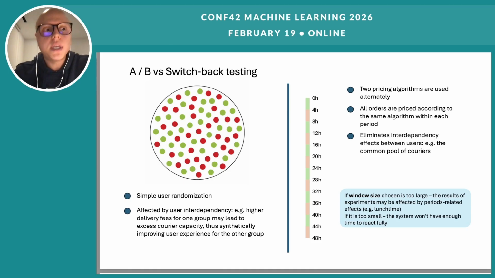And if you increase the price for some group of users, then obviously that leads to fewer orders from that group, meaning that you have additional, excess courier capacity that is freed because of that change for half of your users, which means that it's actually easier to find a courier for other users, and that means that you unintentionally improve the experience for them.